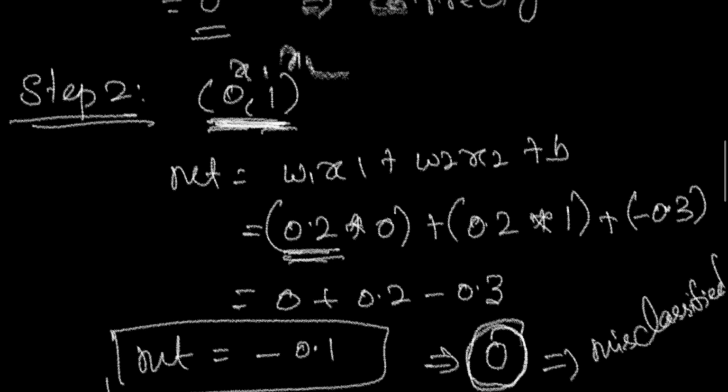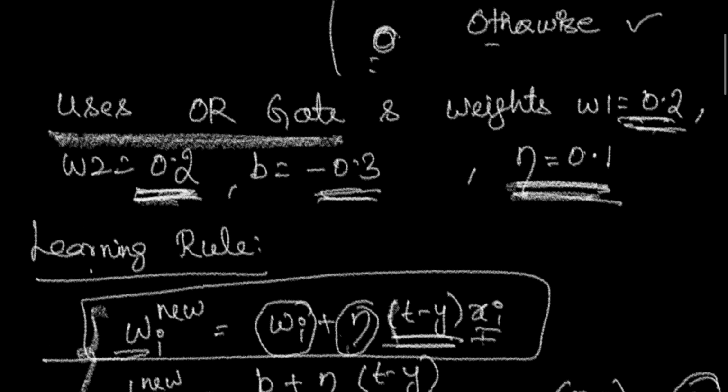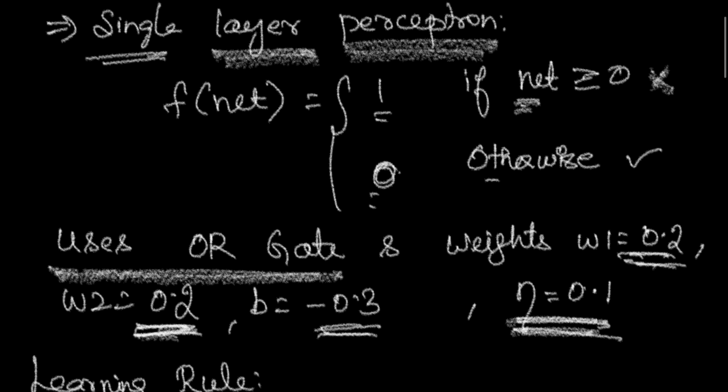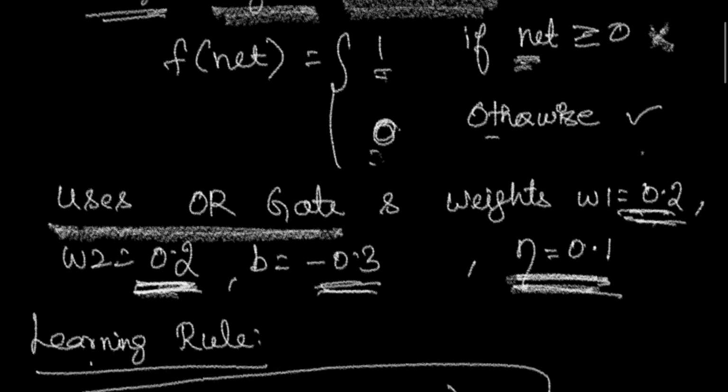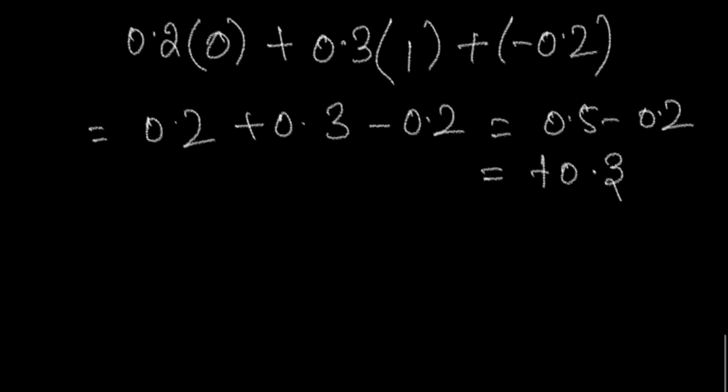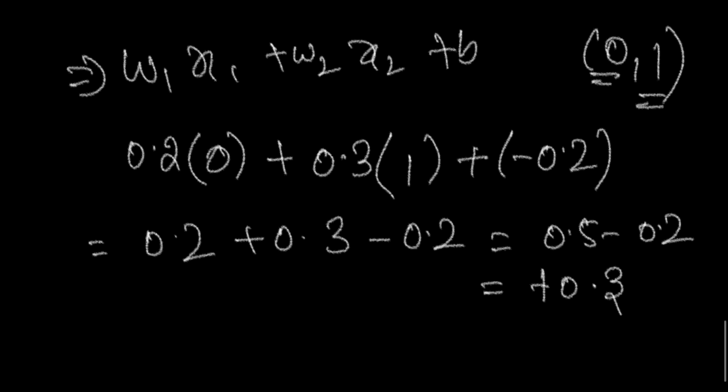If it is positive, then the value should be 1. If it is negative, then the value is 0. Now, since it is a positive value, the classifying result is 1. The function of net gives you the value of 1.